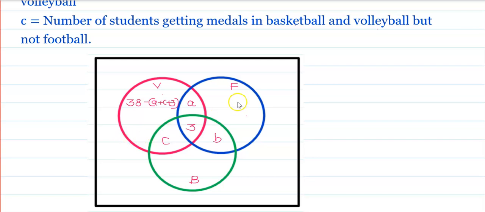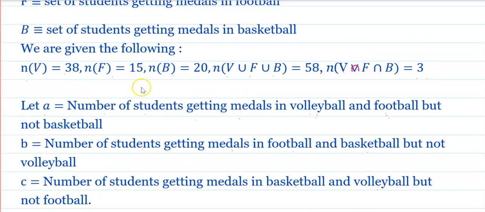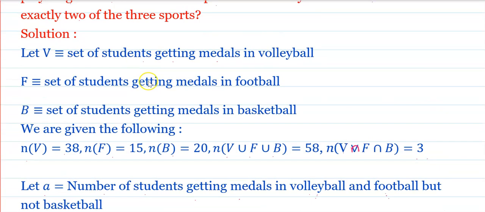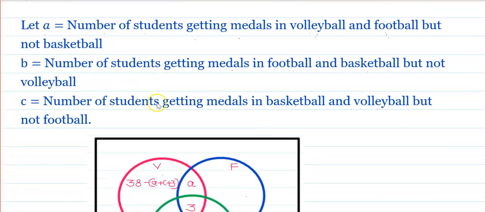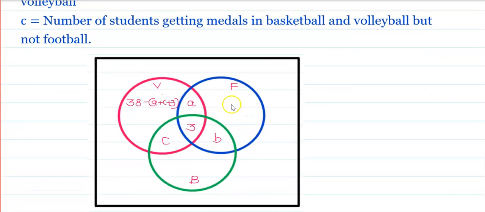What about the next? Football. Now see this here, n(F). The number of students who get the medals only in football, and the total is 15. Therefore 15 minus in bracket A plus B plus C plus 3.